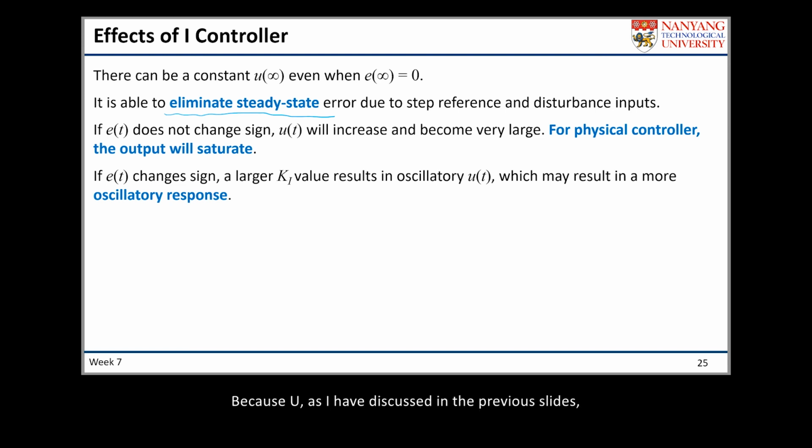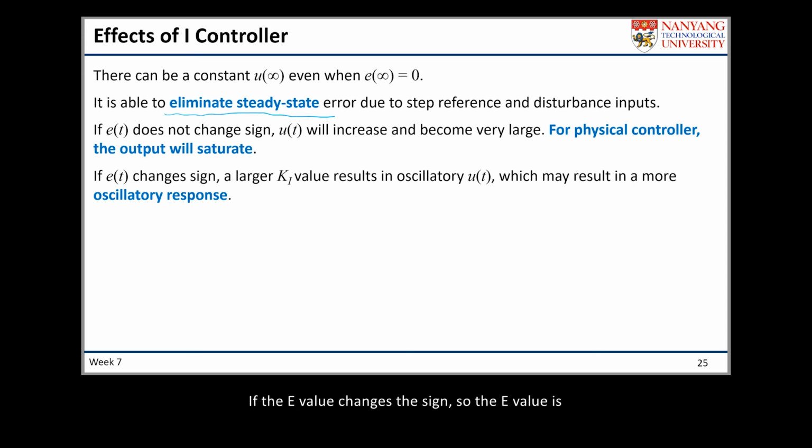Because, as I discussed in the previous slide, U is proportional to the area of E, not to E itself. So if the E value does not change its sign on the graph, U will increase and become larger and larger.